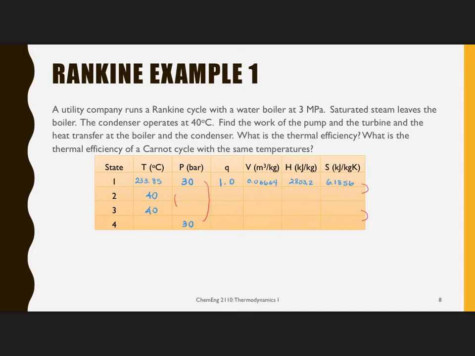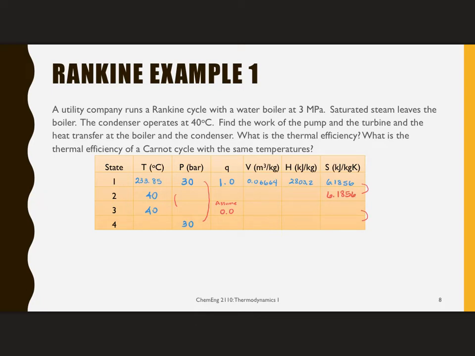We also, however, have one more thing that we can assume, and that is that the exit of the condenser, or the feed to the pump, has a quality of 0. It is a saturated liquid. So based on these new pieces of information, I have the entropy and temperature at state 2.